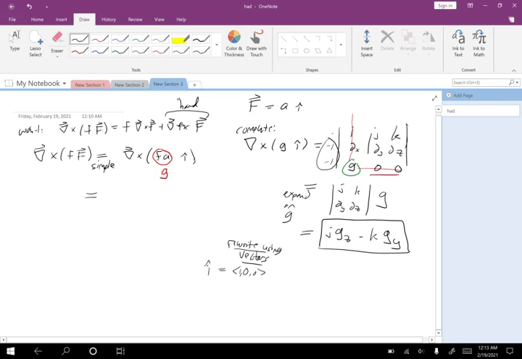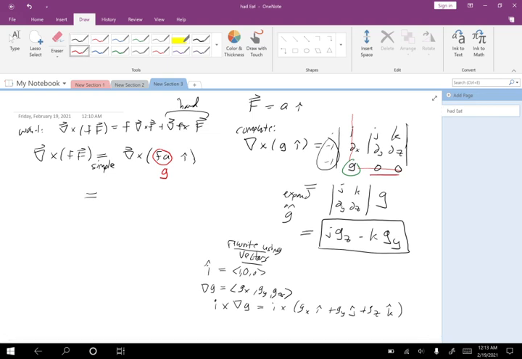We have the gradient of G. So what happens if we take i cross the gradient of G? It's a natural thing to do. So this is i cross Gx i plus Gy j plus Gz k.